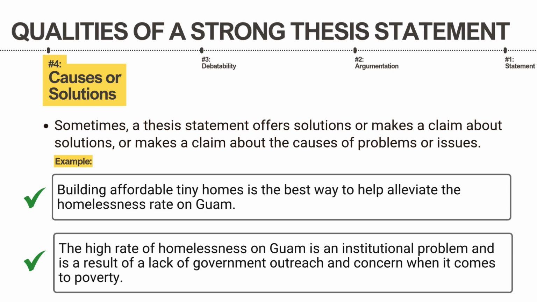Here, the writer is saying this is the best solution, building these tiny homes. So, they're making a claim that this is the best solution. The second one, the high rate of homelessness on Guam is an institutional problem and is a result of a lack of government outreach and concern when it comes to poverty. So here the writer is making a claim that these are the main causes of that high rate of homelessness.